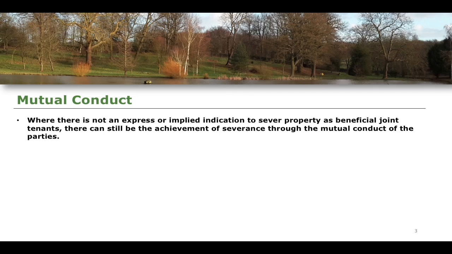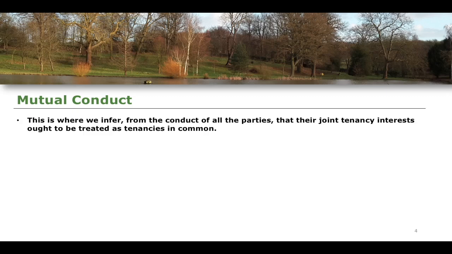As beneficial joint tenants, there can still be the achievement of severance through the mutual conduct of the parties. So it can be implied that through the conduct of the parties, severance still takes place. This is where we infer from the conduct of all the parties that their joint tenancy interests ought to be treated as tenancies in common.